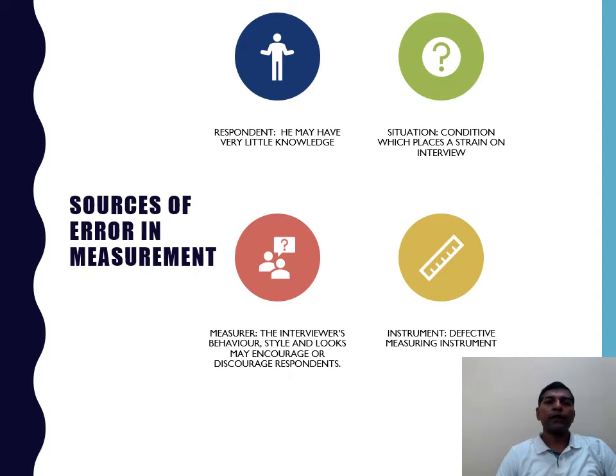Sources of errors in measurement. Just now we have seen there are a number of measurement methods available, but in addition, measurement can also be considered when we group items and collect data from people or from observation.